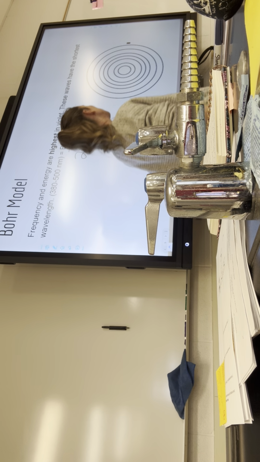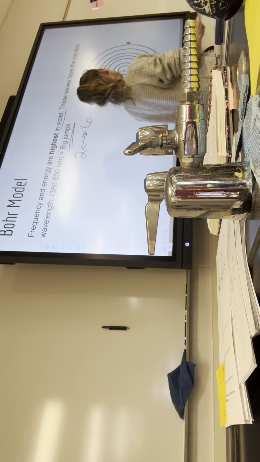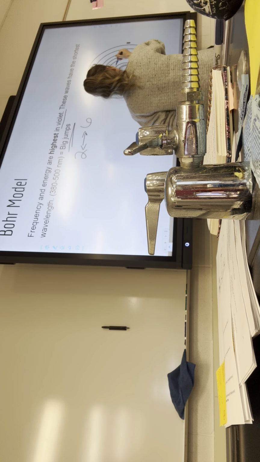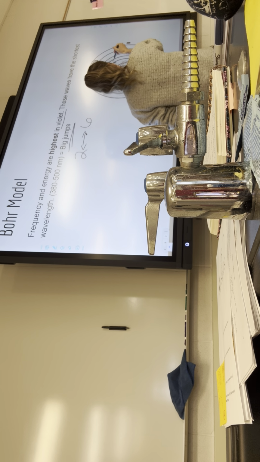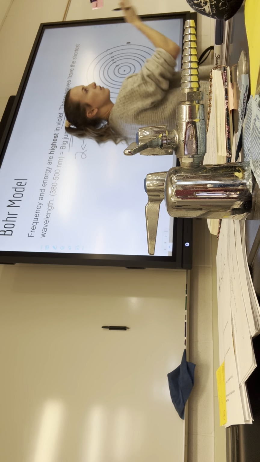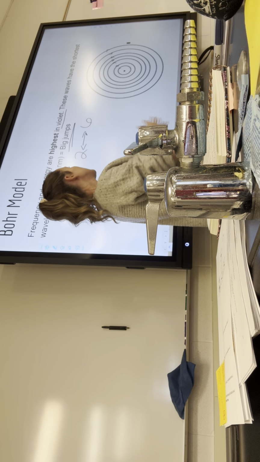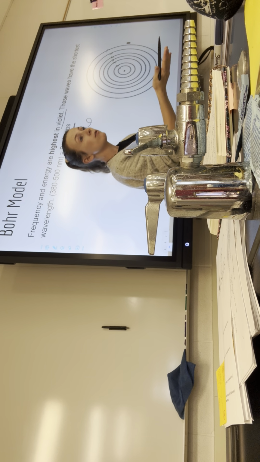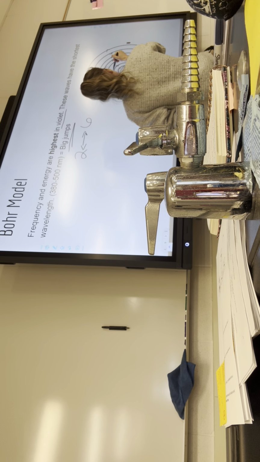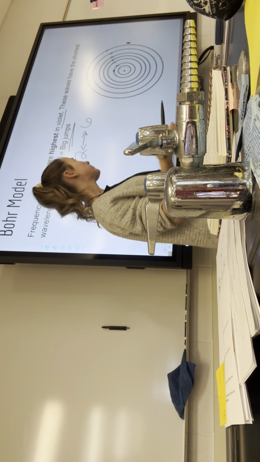If I'm looking at my Bohr model here, I have my nucleus in the middle. I'm going to count out energy level 1, 2, 3, 4, 5, 6, 7. You can do that if you'd like. I do it just to remember. As I stated, we're always going to be starting at energy level 2. So when I'm labeling, I'm going to draw my electrons starting at energy level 2.